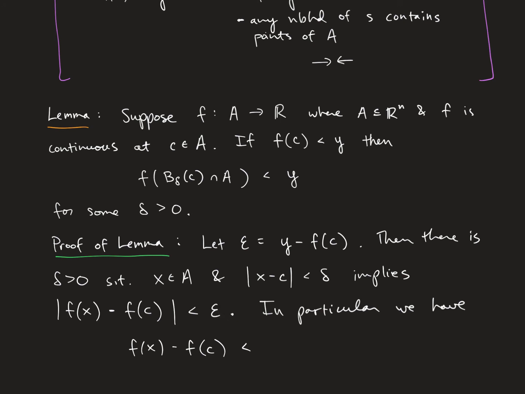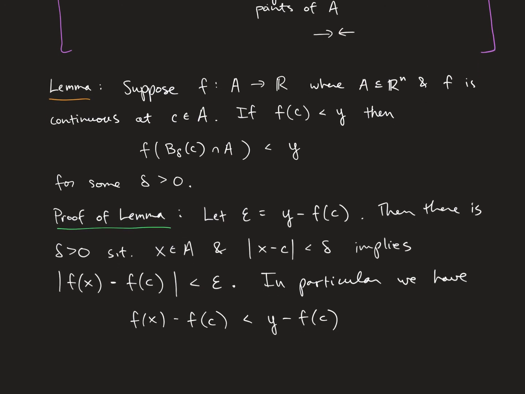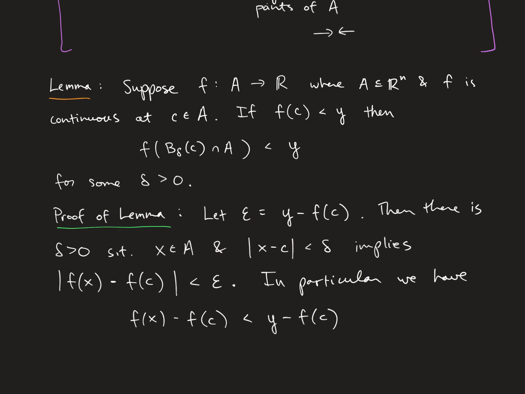So in particular, this one is less than epsilon, and epsilon is equal to y minus f of c, i.e. f of x is less than y. And so taking into account where x is in the set A, and it's also in the delta ball around c, the f value of that is less than y. That implies the conclusion.